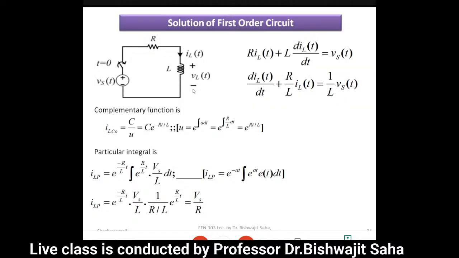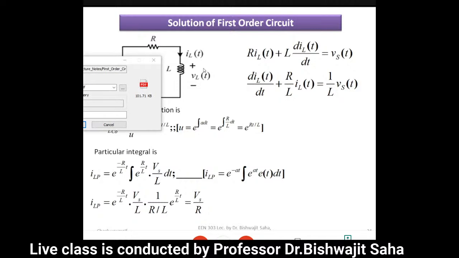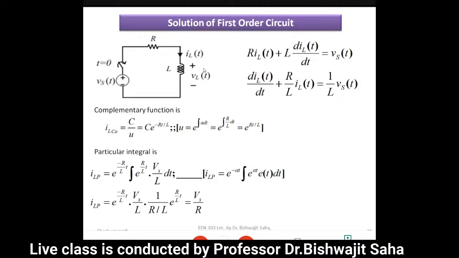Now the question is, what is the solution of this circuit? What does the solution mean? What is the current response of this circuit? That is the question. Solution of the circuit means the current response of the circuit.